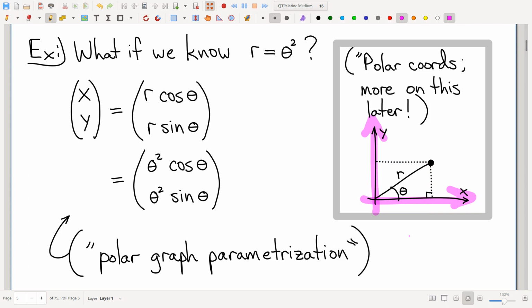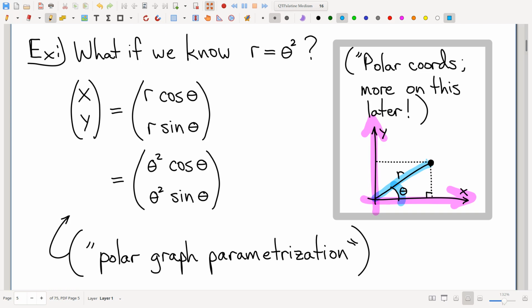Polar coordinates says, no, we're going to describe the location by an angle and a distance. It's not technically a distance, but I'm going to say, how far you go in that direction. If you know by what angle to rotate counterclockwise from the positive part of the x-axis, and if you know how far to then go in that direction, that gets you to a point. So it's another way of describing locations.